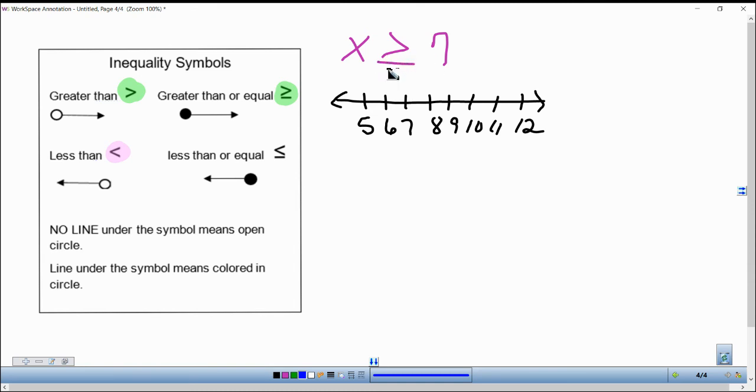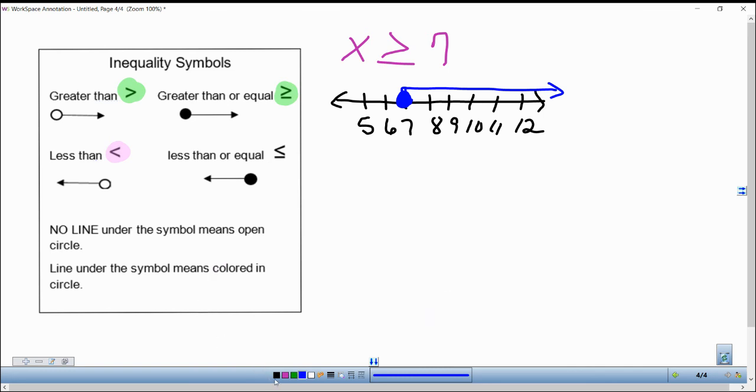So any answer choice that doesn't have a colored in circle is wrong. And so our colored in circle needs to be at 7. So we colored it in. And then it's going to be greater than. It kind of points to the direction. As long as your letter is on the left, it points to the direction you need to go. So it's going to move this way.